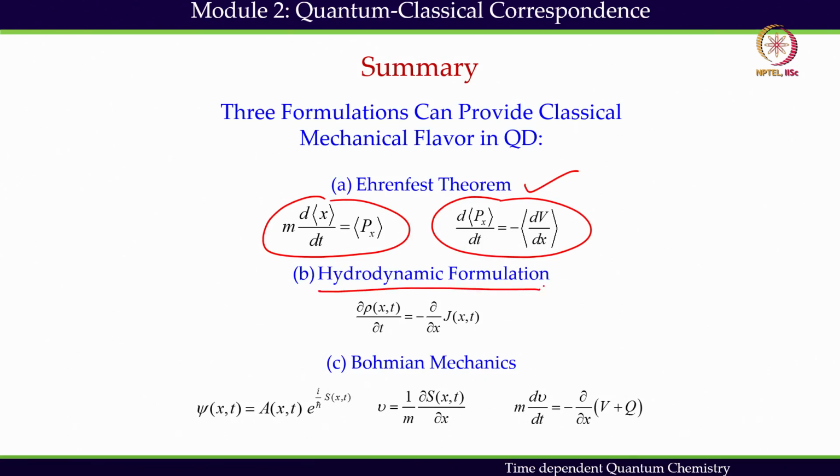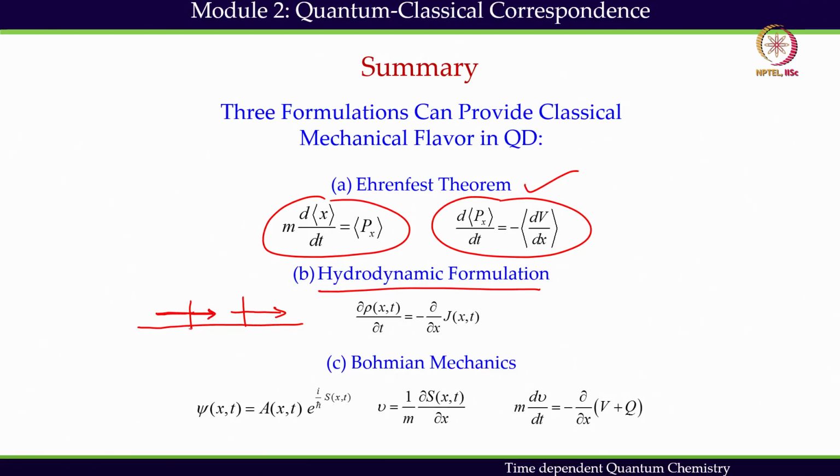Hydrodynamic formulation, the second theorem, where we have shown that this quantum dynamics can be represented as a flow of density, and the flow of density solely depends on the probability current at that point.